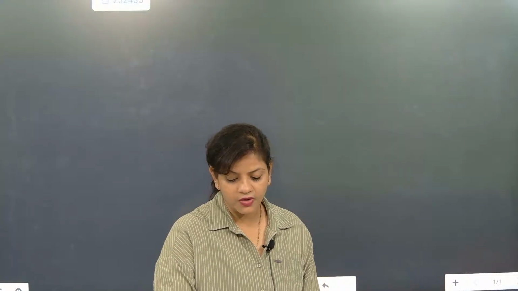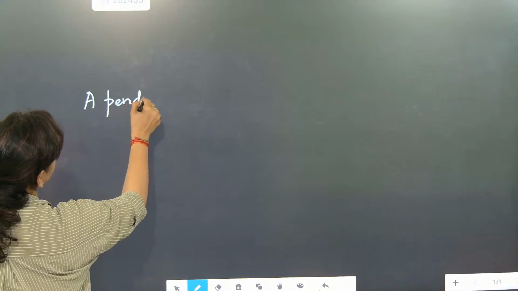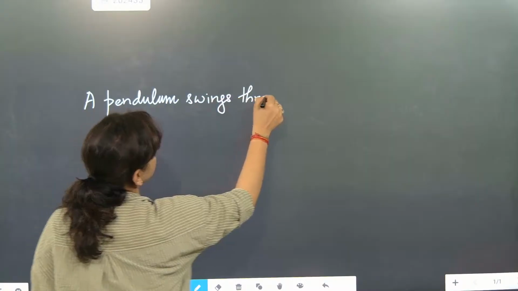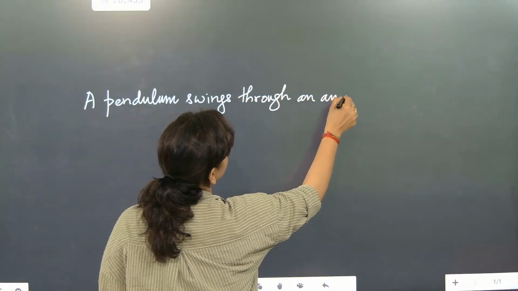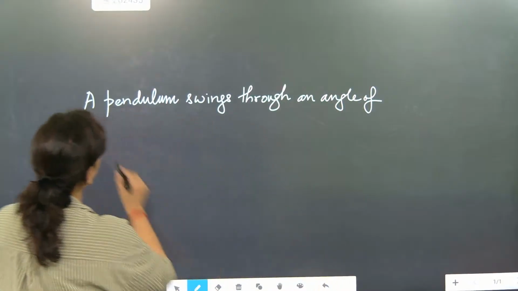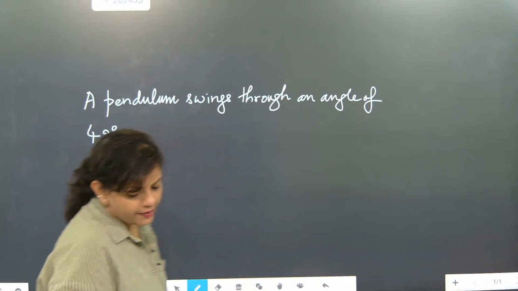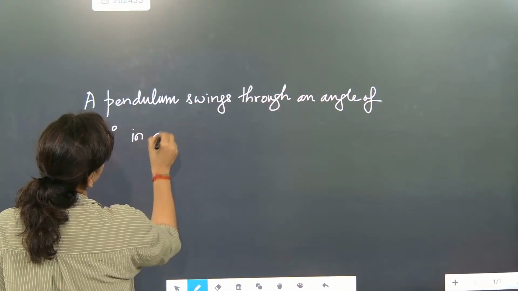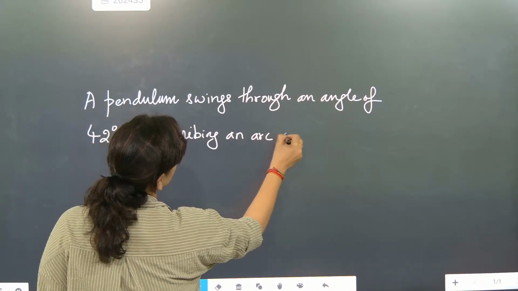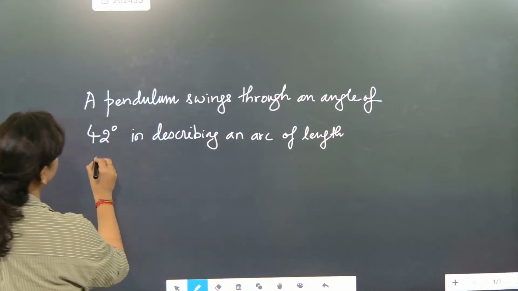The next question is: a pendulum swings through an angle of 42 degree, in describing an arc of length 55 centimeter.